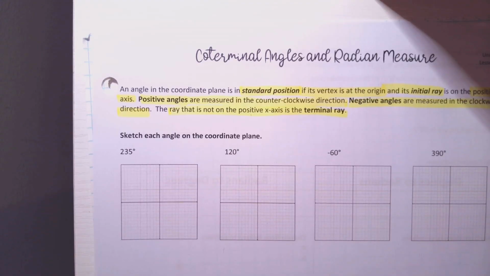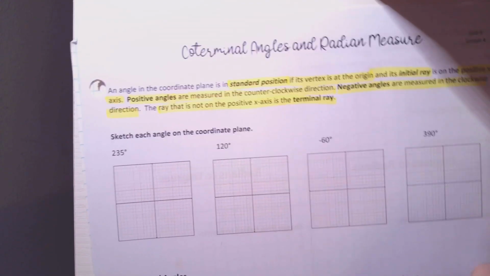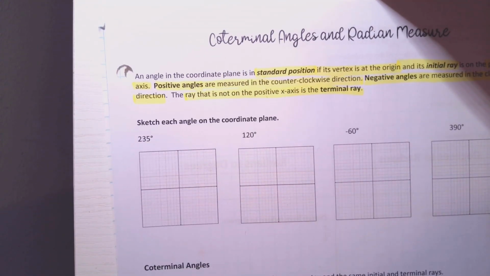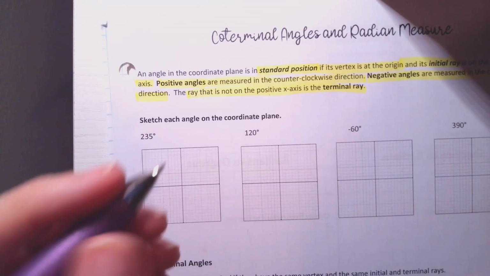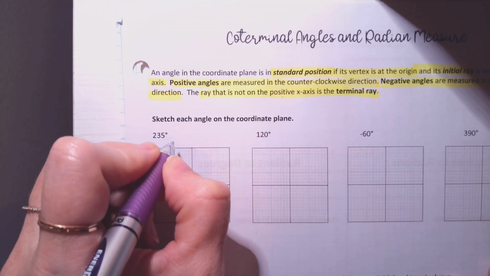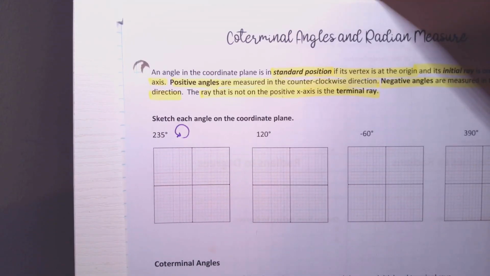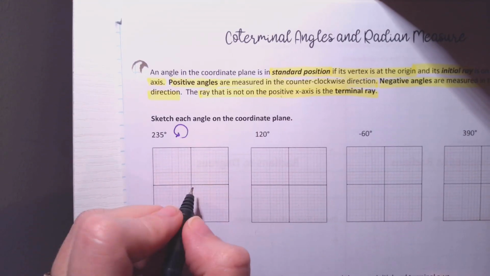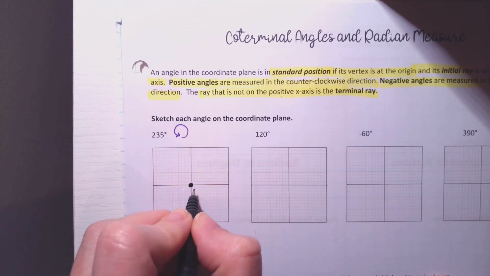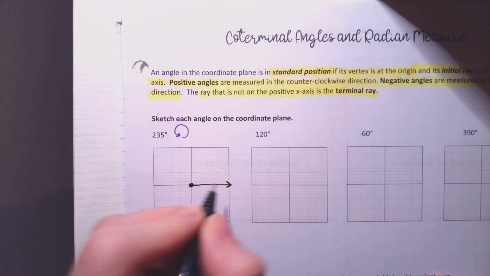So just going to practice sketching out some angles really quick. So the first one is a positive angle. So remember, positive angles are measured in the counterclockwise direction. So going this way is counterclockwise. So we're going to have the initial ray on the positive x-axis and the vertex at the origin. So here's our initial ray.